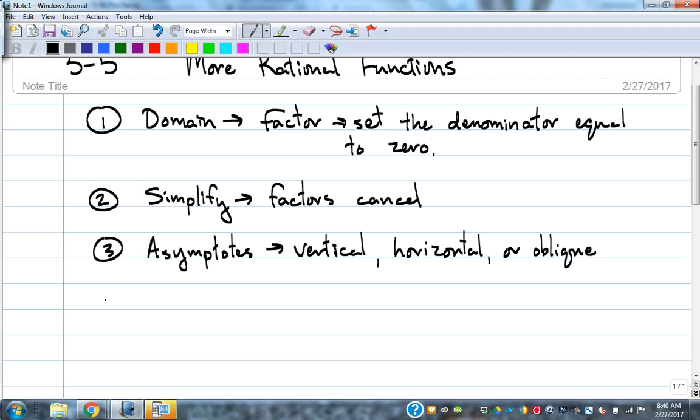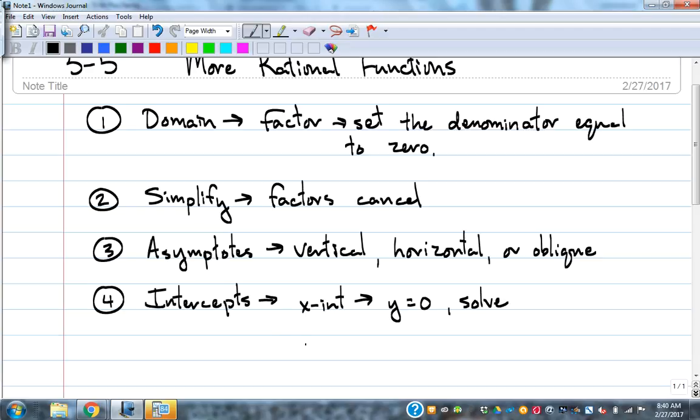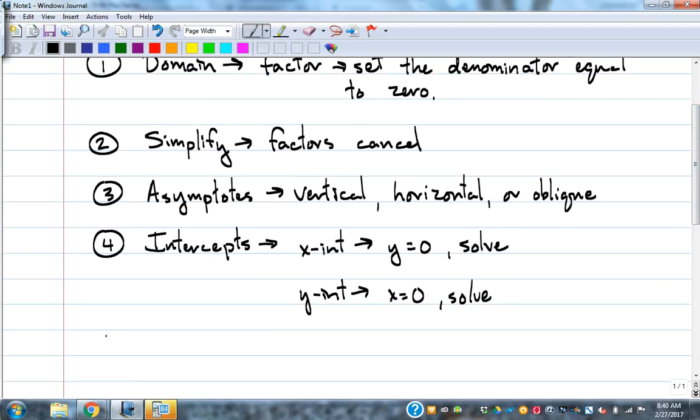One of the things we're going to add here today that we didn't do with the equations in 5.4, we did it with the graphs in 5.4, is find the intercepts. How do you find an x-intercept? y equals 0, solve. Find a y-intercept, x equals 0, and solve.